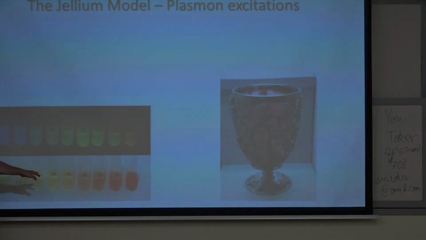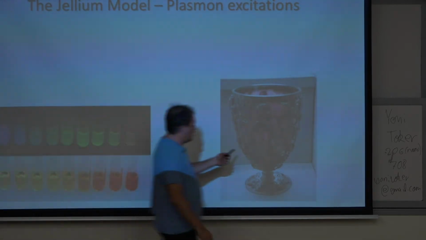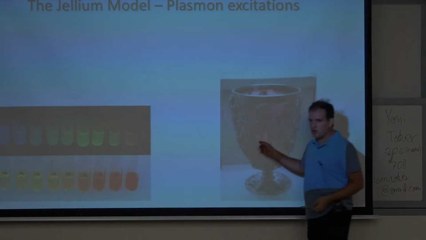Did they talk to you about optical properties of nanoparticles? So the first who actually did experiments on this were the early Romans. The early Romans had a recipe for how to color glass.